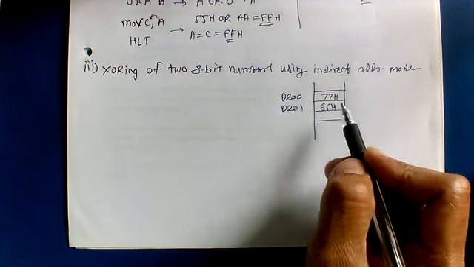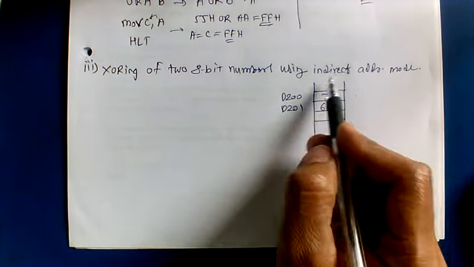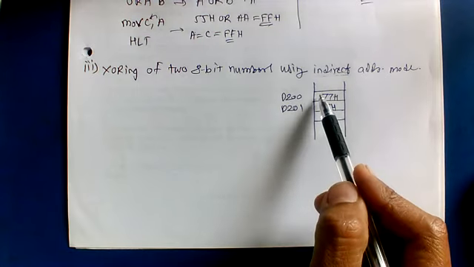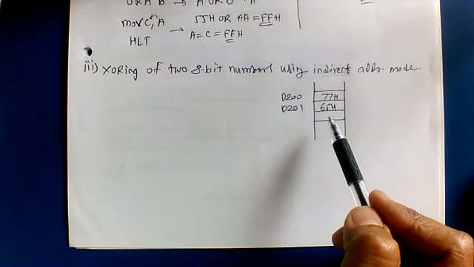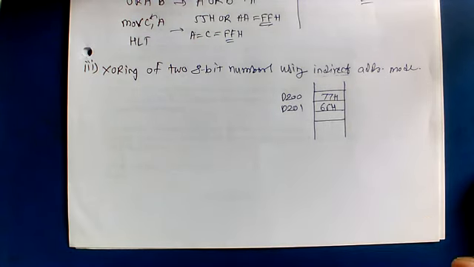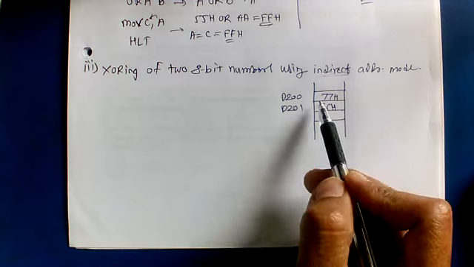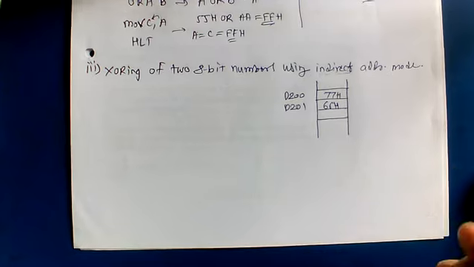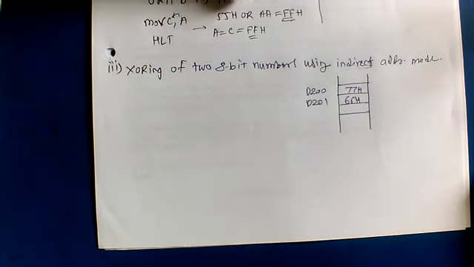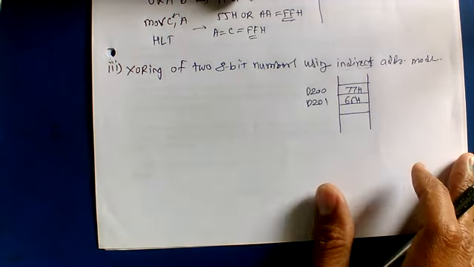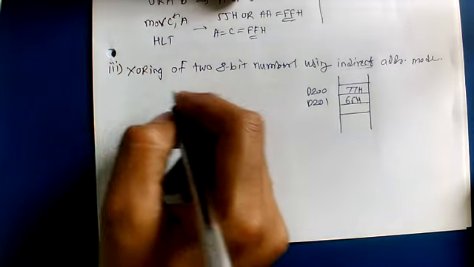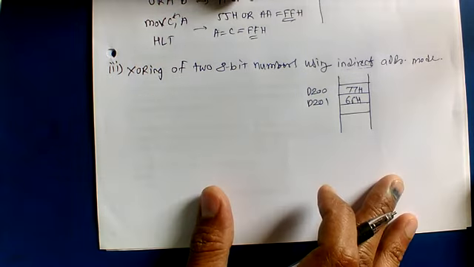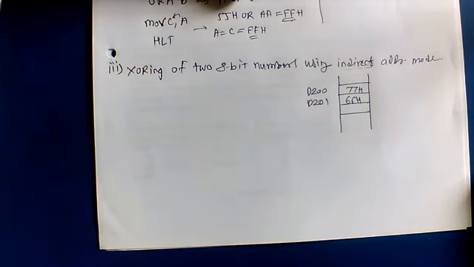As I said, in indirect addressing mode, when the two numbers are available in the memory, it is required to create one memory pointer to fetch or read the data which is available in the memory. So our first task is to create the memory pointer by using the HL register pair.